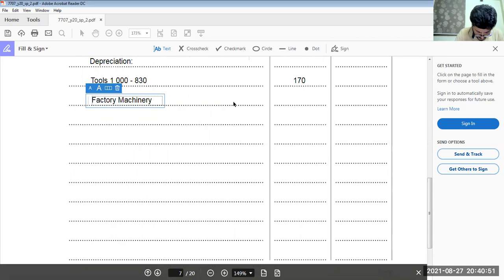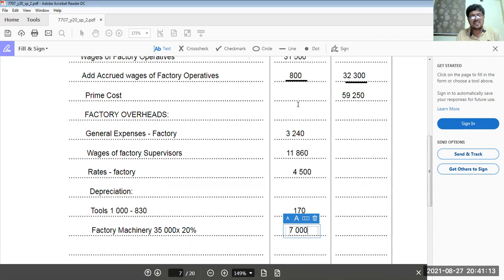It's very easy. The cost of factory machinery is 35,000 multiplied by 20%. And so we have 1, 2, 3, 4, 5 expenses. Yes, 5 factory overheads. So what do we have to do?